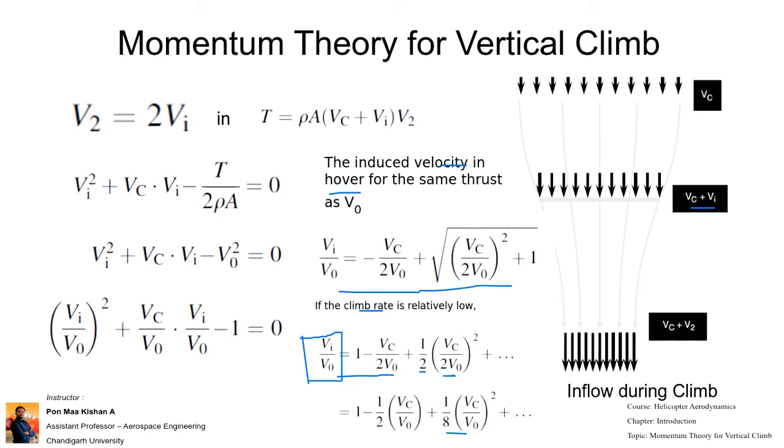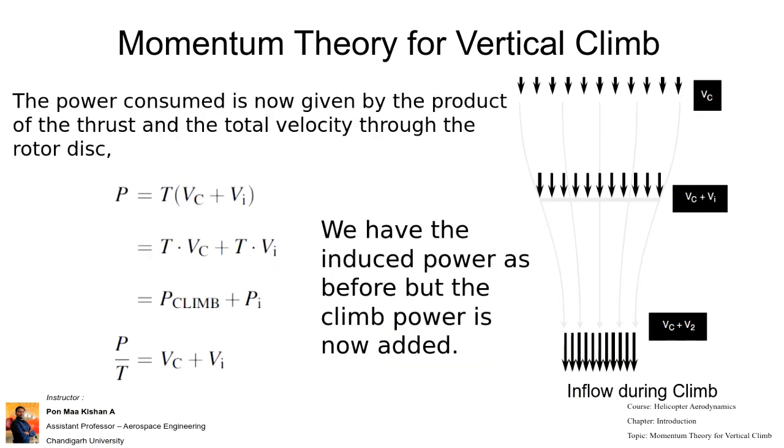Now the power. When we speak about power, it is thrust into velocity, right? Mechanical power. Our thrust force is acting upward. The total velocity is Vc plus Vi. So correspondingly, thrust into Vc plus thrust into Vi.